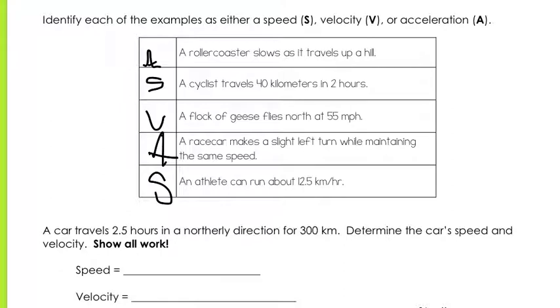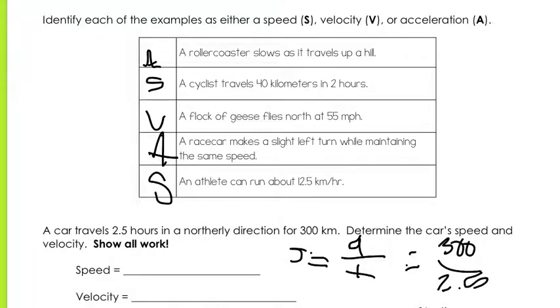A car travels 2.5 hours in a northerly direction for 300 kilometers. Determine the car's speed and velocity. So to show your work for this problem, you got speed equals distance divided by time. So you take the distance, which is 300 kilometers, divided by the time, 2.5 hours.